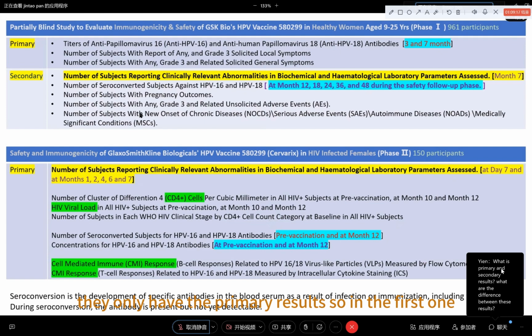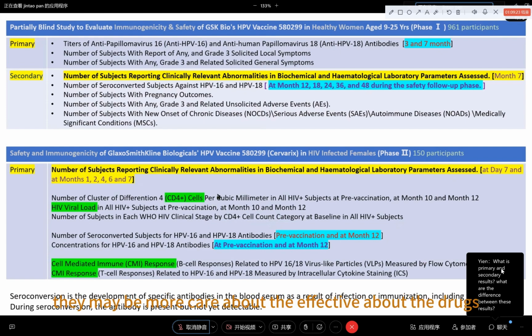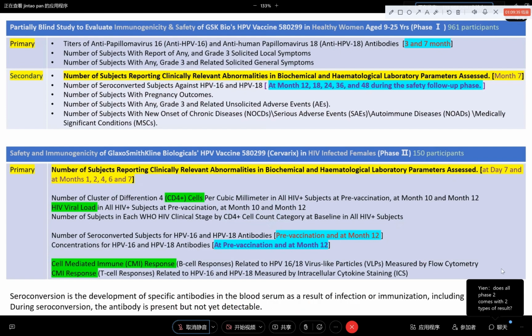So in phase 1, maybe they focused on safety, and in phase 2 they may care more about the effectiveness of the drugs, I think. What about the rest of the team? Do you think it's the right answer? Do you all agree or disagree? Papa and Sri? Yeah, agree.